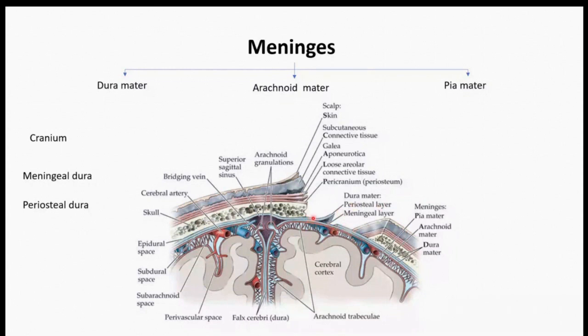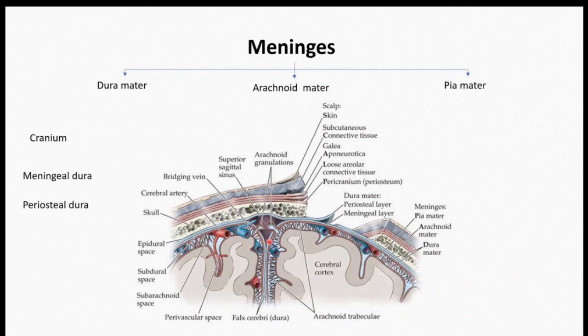These two do fuse together with age, and they are not separated from each other except in certain places, like areas of the sinuses. So let's look at the superior sagittal sinus here, and you can see that the periosteal layer has separated from the meningeal layer to form the sinus.